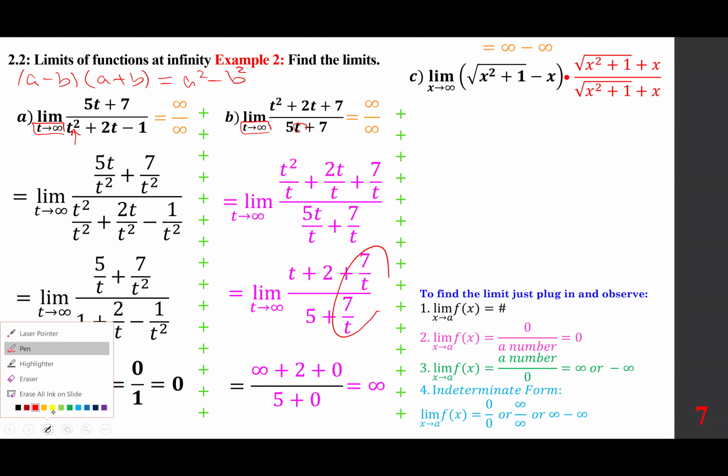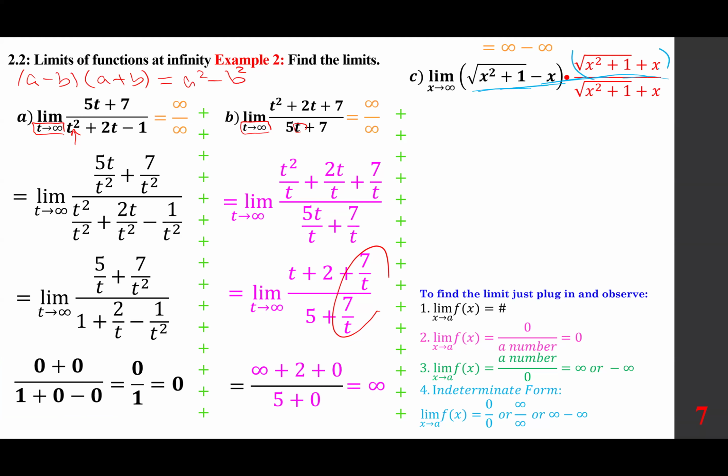And the numerator, you can extend this fraction bar. When you multiply these two, you get the square root of x squared plus 1, quantity squared, minus x squared. And the first piece comes out.